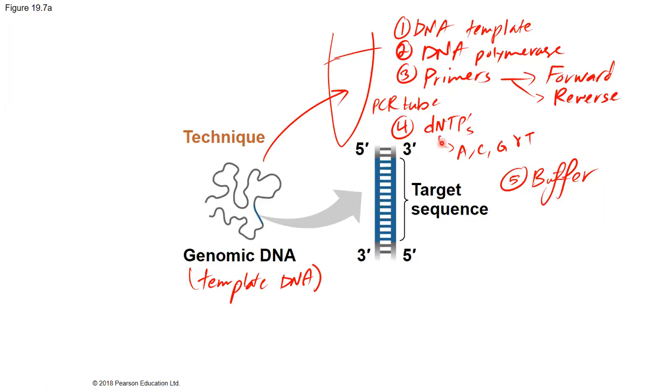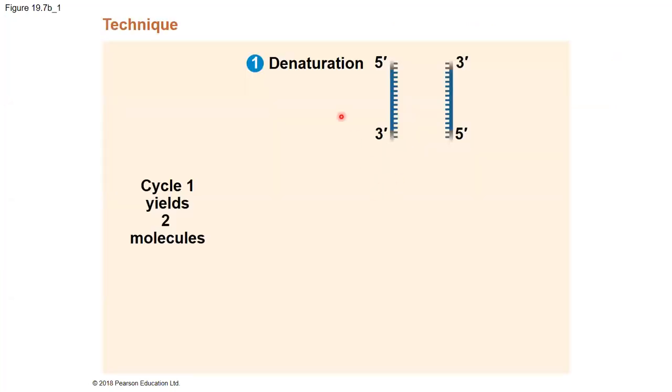Okay? So we mix all these 5 components inside the tube, and now we take the tube and put it inside the thermal cycler or the PCR machine, and now we're going to see what happens inside. So the first step during each cycle will be called denaturation. The 2 strands are separated from each other.